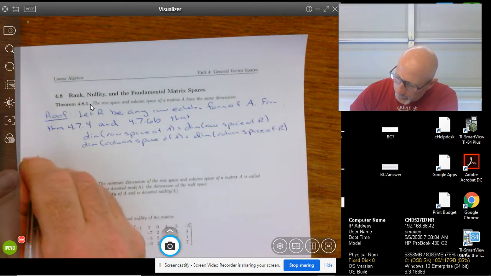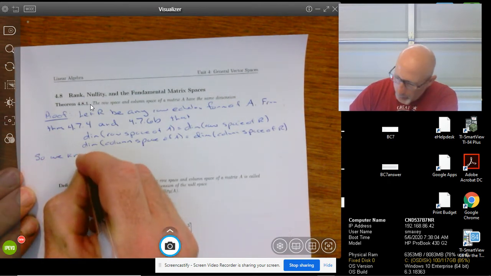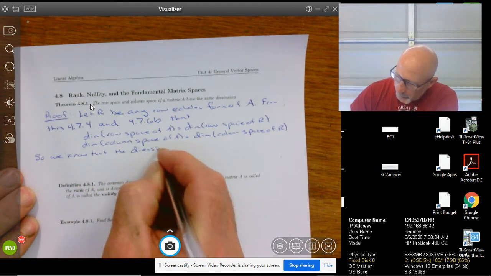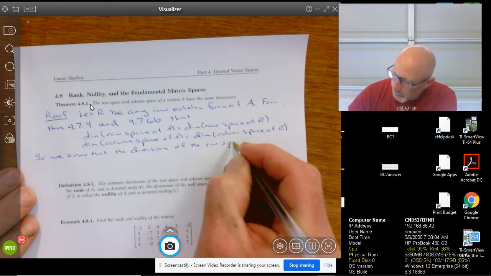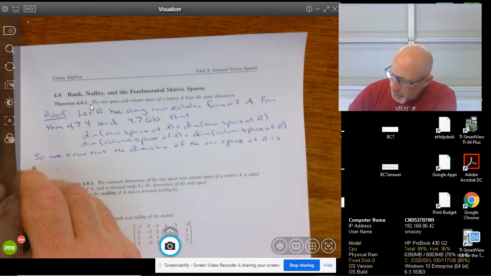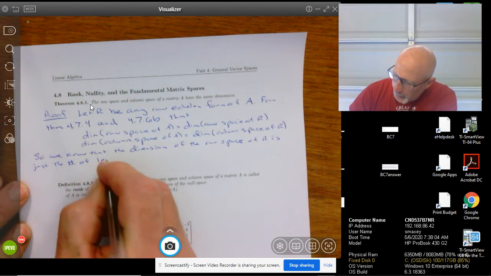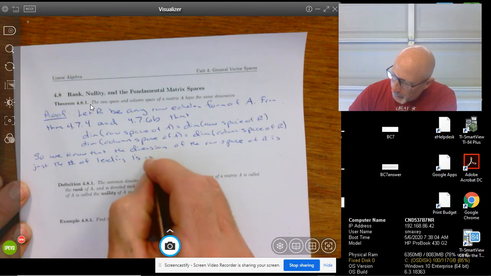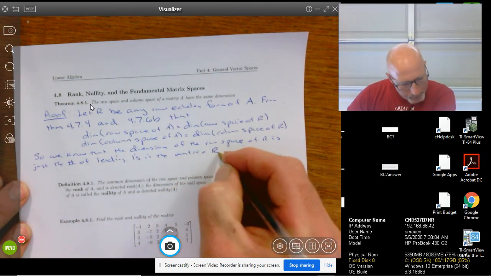So we know that the dimension of the row space of R is just the number of leading ones in the matrix R.